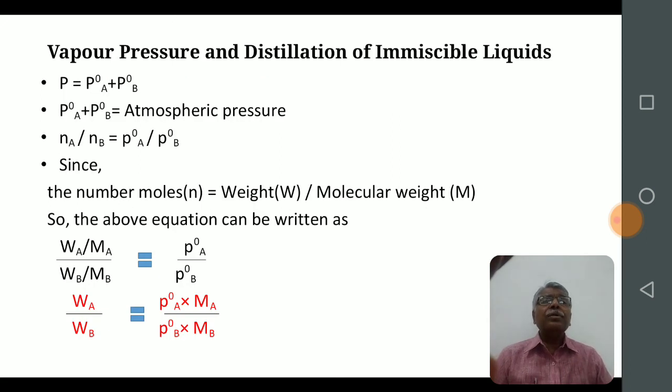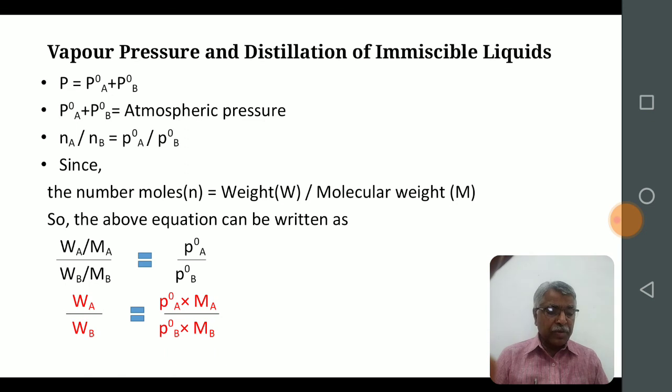Now we discuss the vapor pressure and distillation of immiscible liquids. As we know, in a mixture of two immiscible liquids, each liquid exerts its own vapor pressure independent of the other.